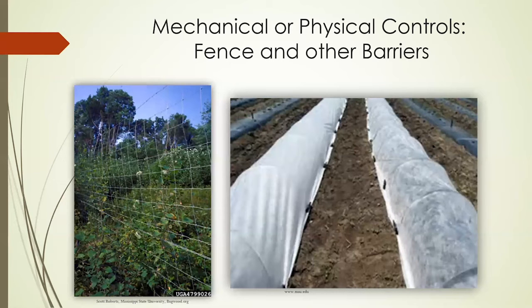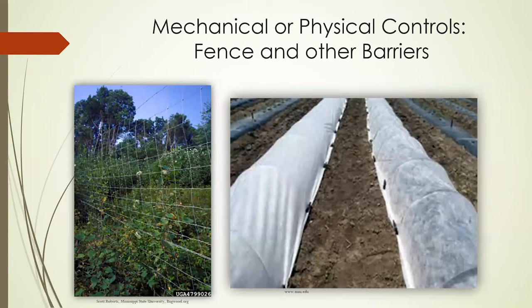Another mechanical or physical control is fences. Now, fences are most often used to keep out problem wildlife and so on. But if the land adjoining yours is infested with tumbleweeds and you're downwind, a fence can help stop that tumbleweed from tumbling over your land, dropping seed as it goes.